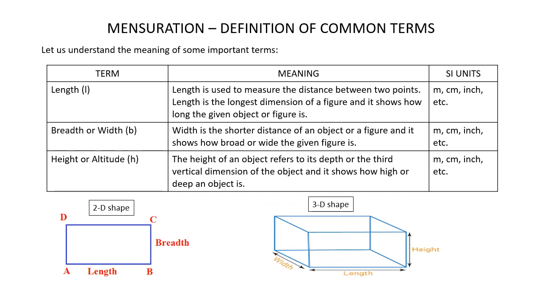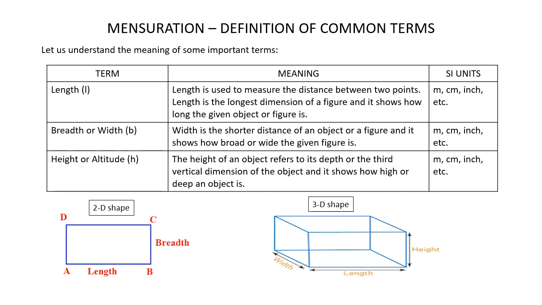Now let's look at the cuboid. Here this distance is the longest dimension of the cuboid and this distance represents the length. Now this distance is the shorter distance of the cuboid and this distance represents the width of the cuboid.